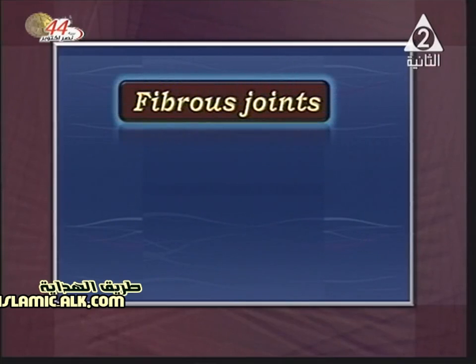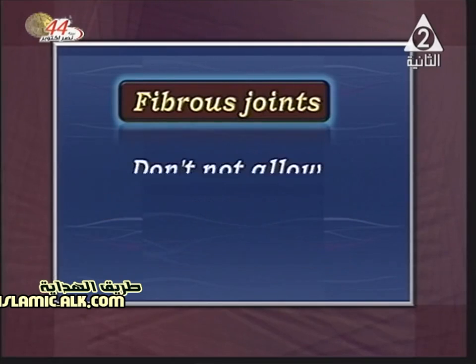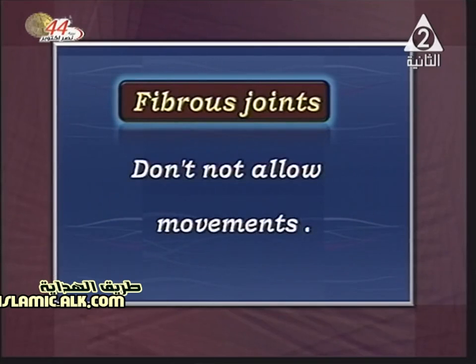Fibrous joint. This type of joint is fused. The bones are fused together with fibrous tissue, as the name suggests. So the bones that meet each other at this site are covered by fibrous tissue. It's so easy, and they do not allow any type of movement.